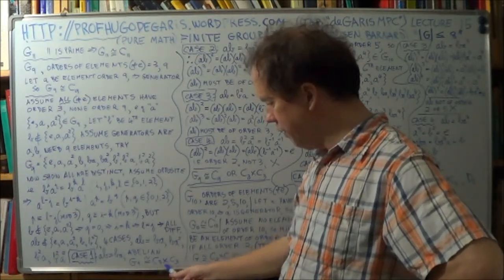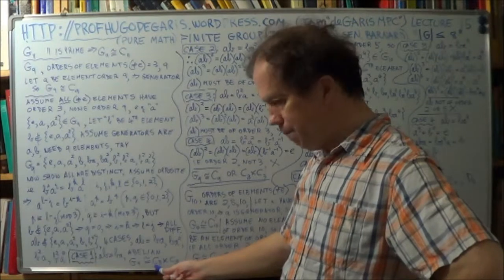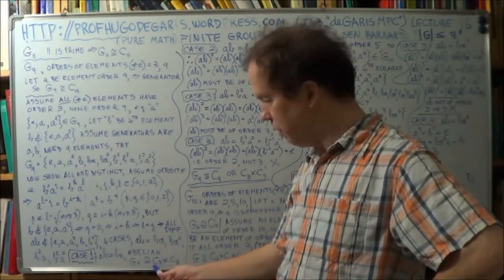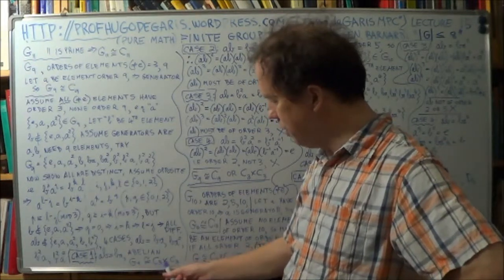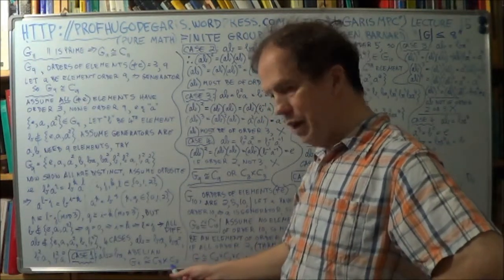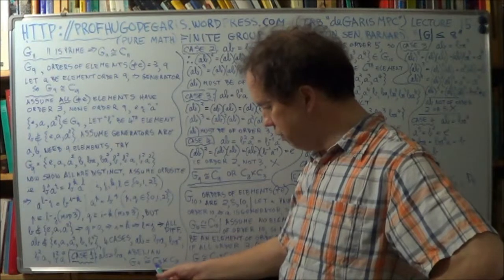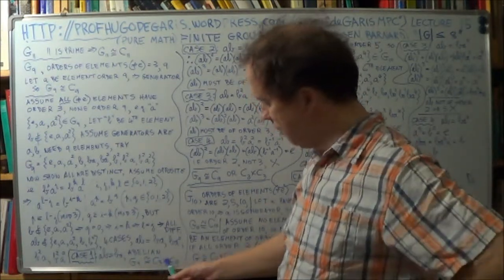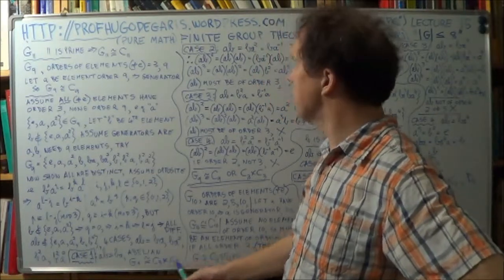So we have now found a second type of non-isomorphic group of order 9, and it's C3 times C3, a direct product of 2 smaller cyclic groups. So there's a second possibility.